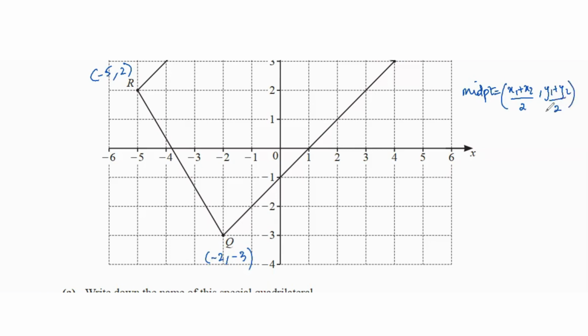Basically, we find the average of the x values and the y values. So negative 2 minus 5 over 2 and negative 3 plus 2 over 2. So that's going to be negative 7 over 2 for the x coordinate and negative 1 over 2 for the y coordinate. That's your midpoint.